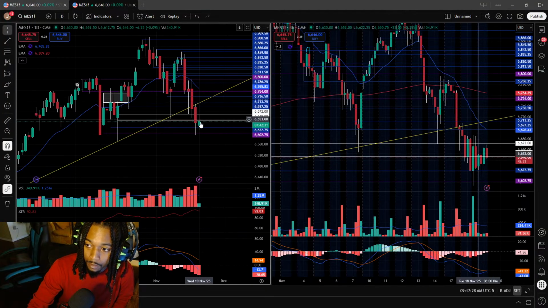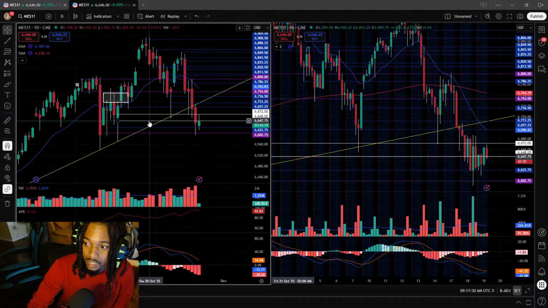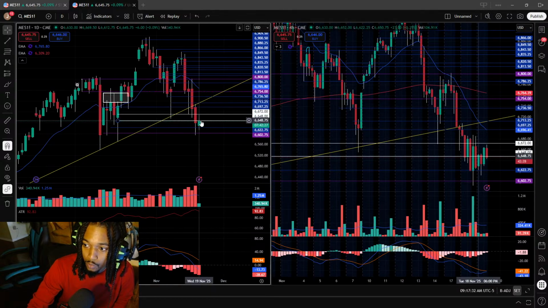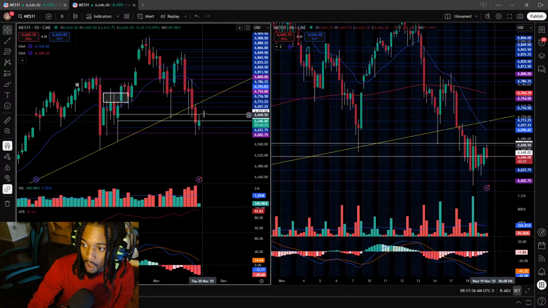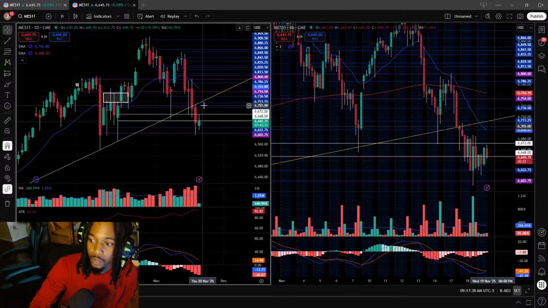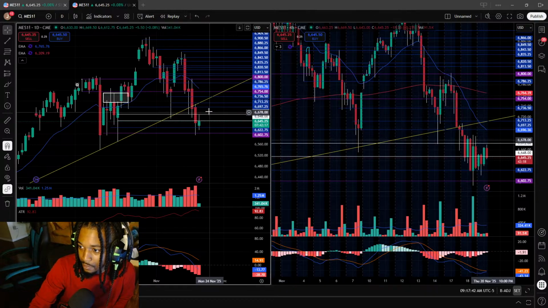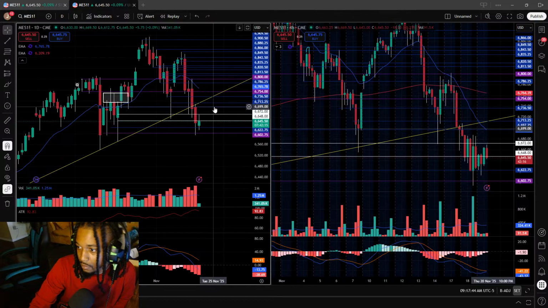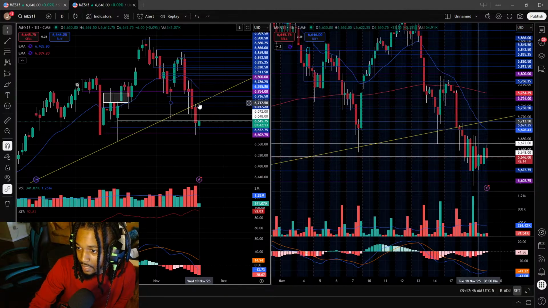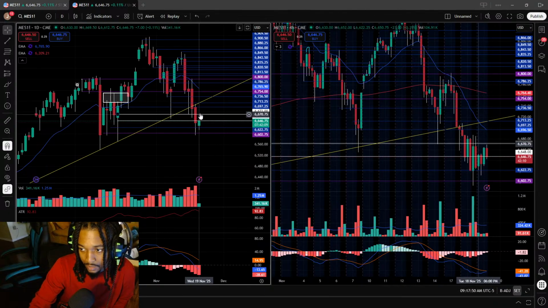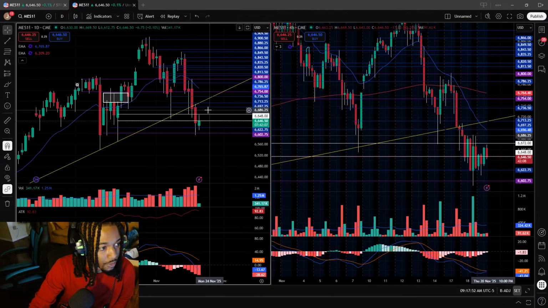Now that we broke below it, this is ascending resistance. If we can bounce, being that it's already bouncing, we want to see how high it can go. So you're looking at this level, 670, for a test level, pretty much 700 for a test level, and then the ascending resistance for a test level. Now, on the contrary, that's for the bullish move, right?